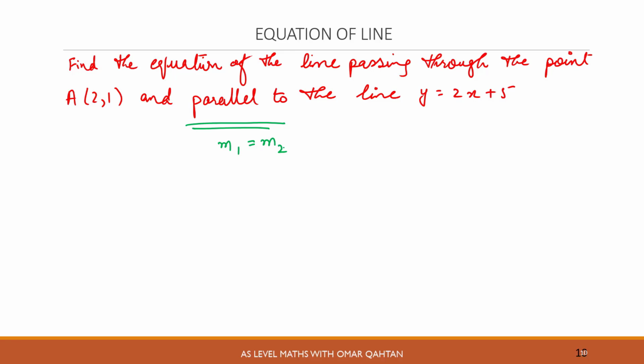So over here, the line is passing through point A(2, 1) and parallel to the line y equals 2x plus 5. So it means that this line has the gradient m equals 2. If you could see here, this is m equals 2, this is the gradient.